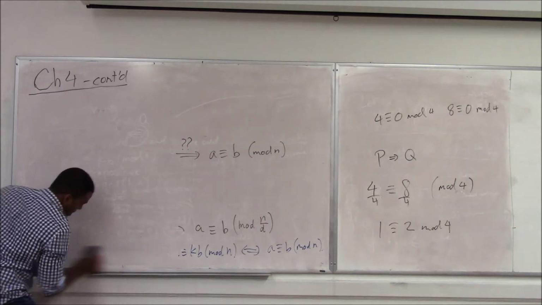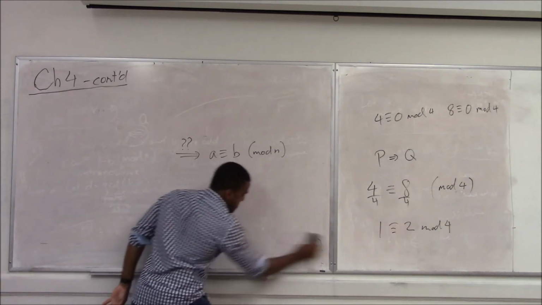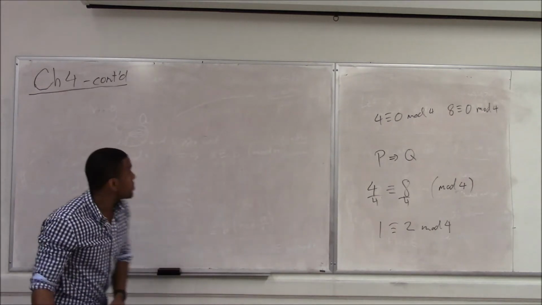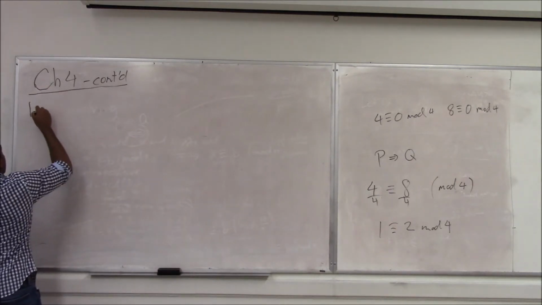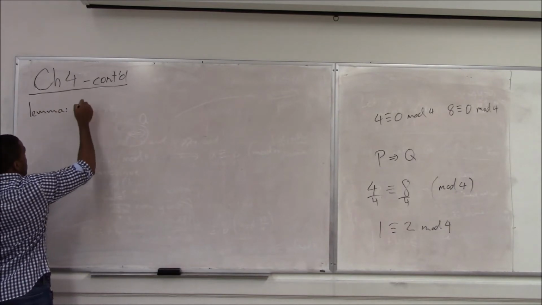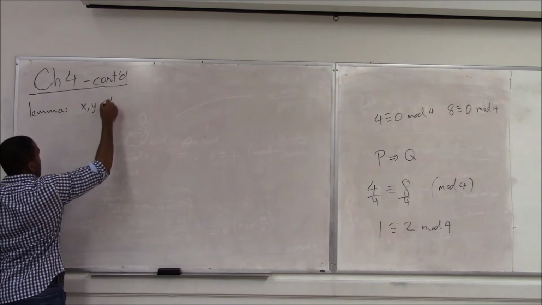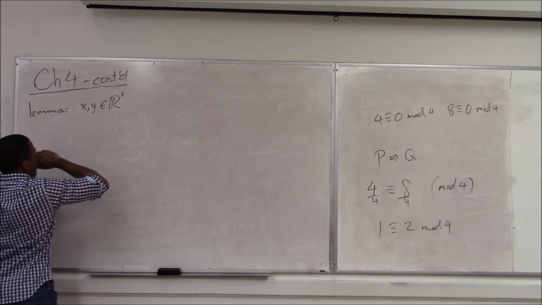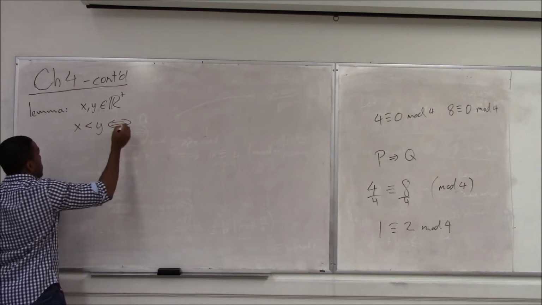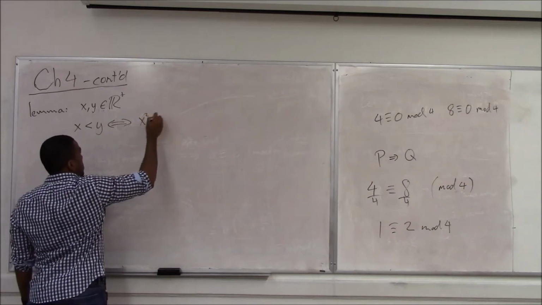We proved two lemmas last time. What was the first one? Was it that x, y are positive real numbers, then x is less than y if and only if x squared is less than y squared?